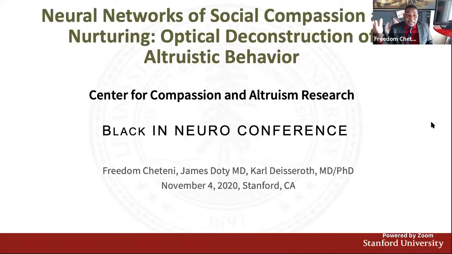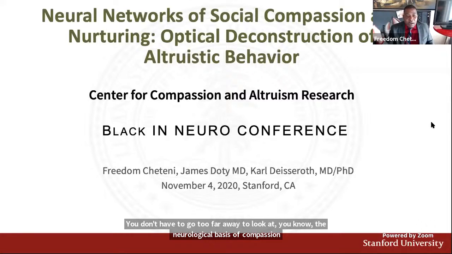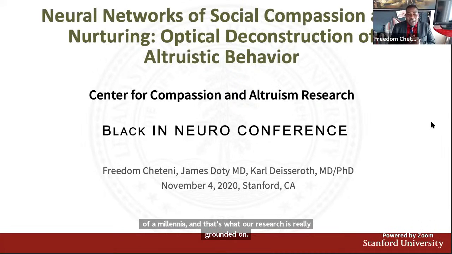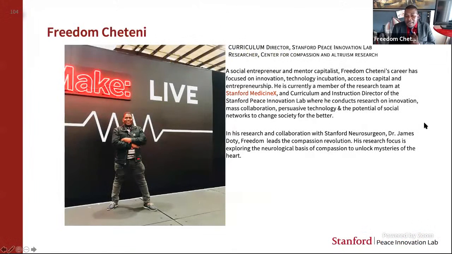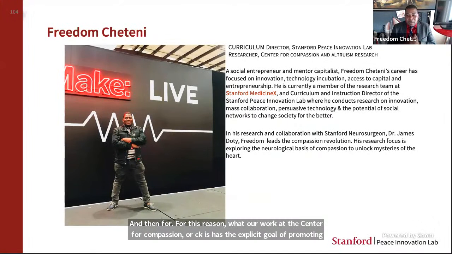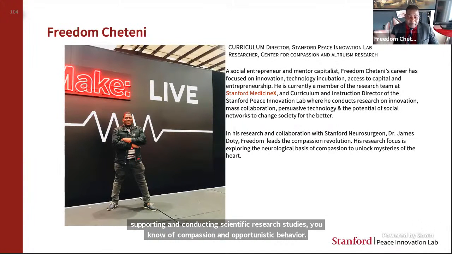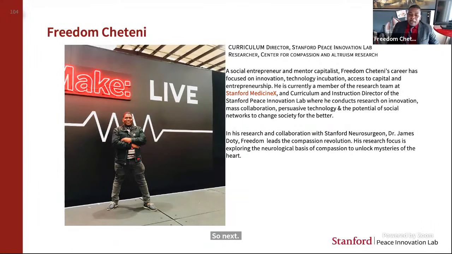For this reason, our work at the Center for Compassion, or CCARE, has the explicit goal of promoting, supporting, and conducting scientific research studies of compassion and altruistic behavior. It was founded by my advisor and mentor, Dr. Jim Doty, who is a clinical professor of neurosurgery and my PI at CCARE within the Department of Neurosurgery.